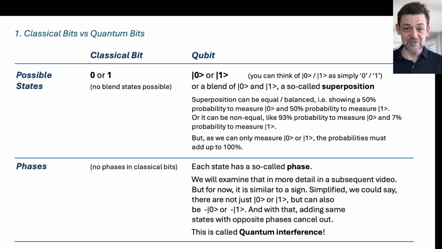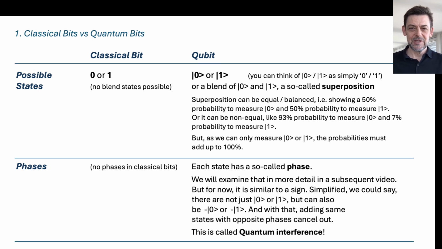A superposition is a blend of the basis states. It can be a state blended by 50% probability to measure state 0 and 50% probability to measure state 1, or 7% and 93%. Or whatever combination adds up to a total of 100% probability, as the actual measurement result can only be one of the two.